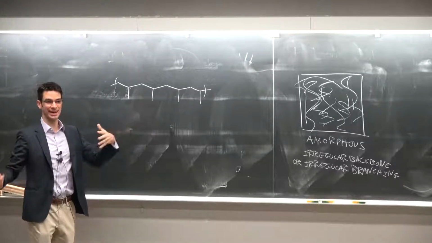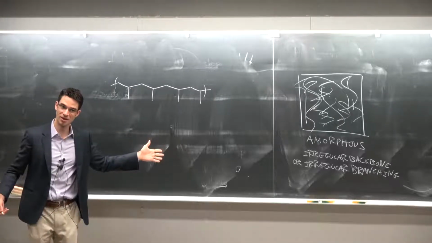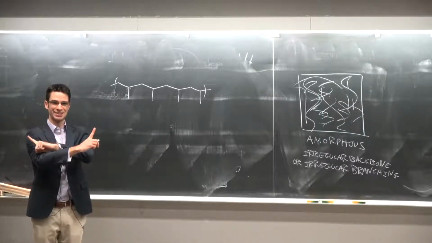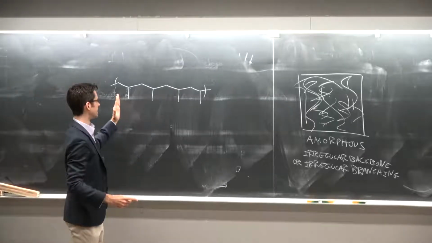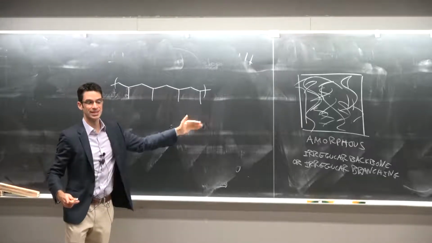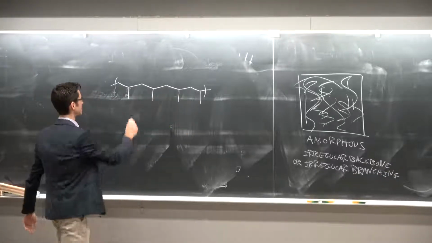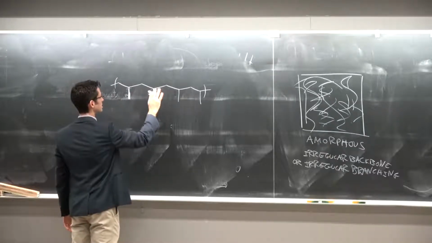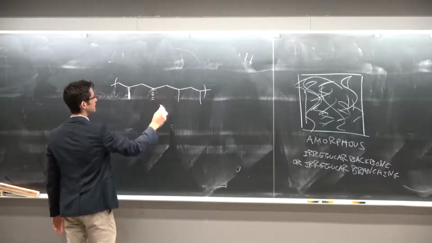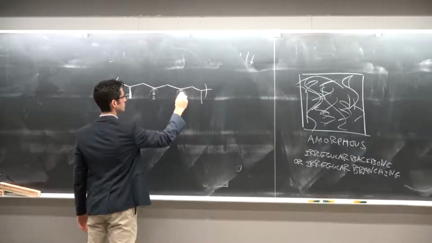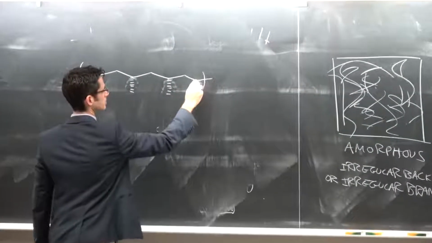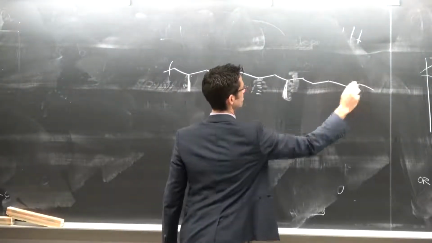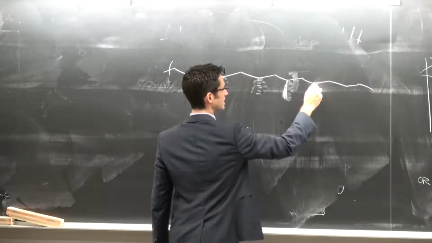Now, unless you take care to make them either all out of the plane of the board or all into the plane of the board, same thing, it's just reversed 180 degrees, or alternating into, out of, then you have a random structure. So if we try to indicate what's called the stereochemistry of this as being random, and we'll get rid of the parentheses so that we don't think that this is a repeating structure.